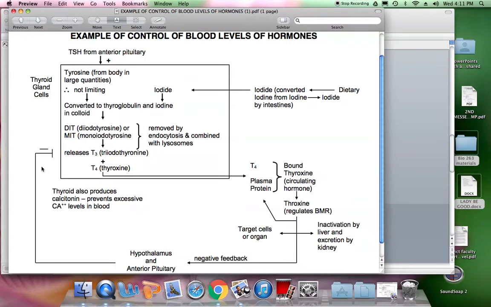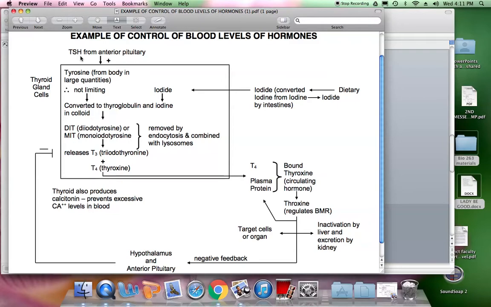I would extend this line going all the way up to the anterior pituitary, rather than just to the thyroid, which this is representing. When the level of thyroid hormone increases in the bloodstream, it's going to provide negative feedback to the hypothalamus and anterior pituitary, which is actually saying right here, and that will tell them, stop making thyroid stimulating hormone.